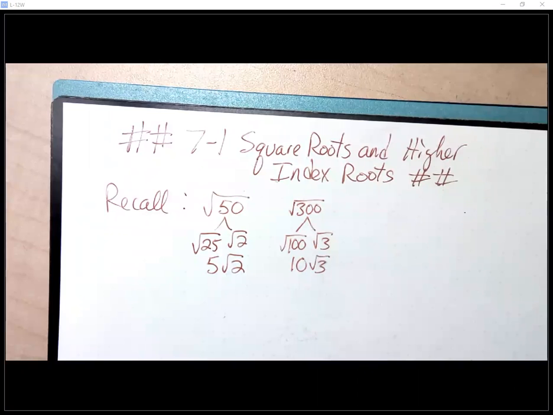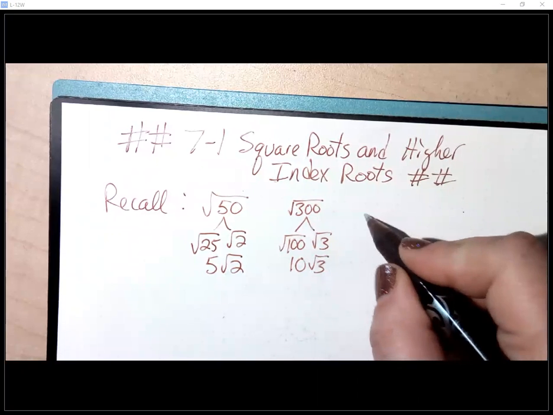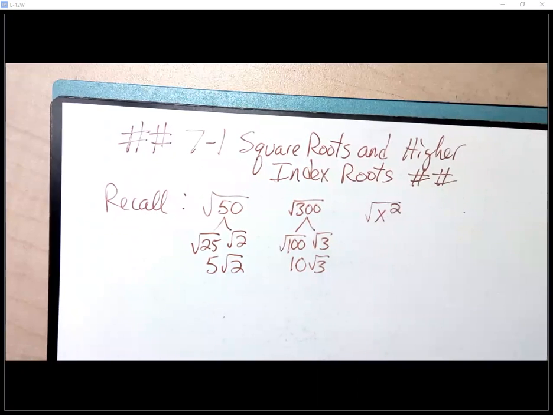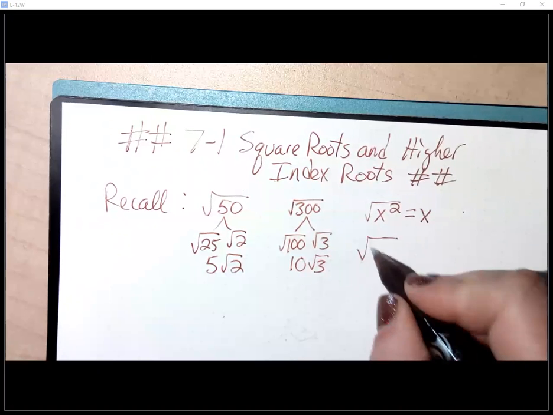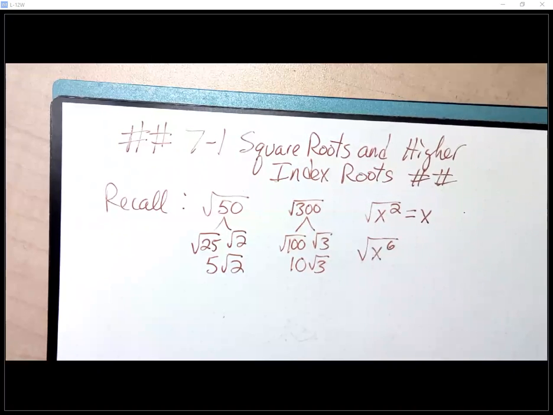Perfect. So let's step it up a notch. What happens when I ask you to take the square root of a variable? Let's start off real easy. What would the square root of x squared be? Just x, right? Because x times x is x squared. So what's the square root of x to the 6th, let's say? It's x cubed, right? It gets weird when you're thinking about exponents because you're like, well, 6 isn't a perfect square.